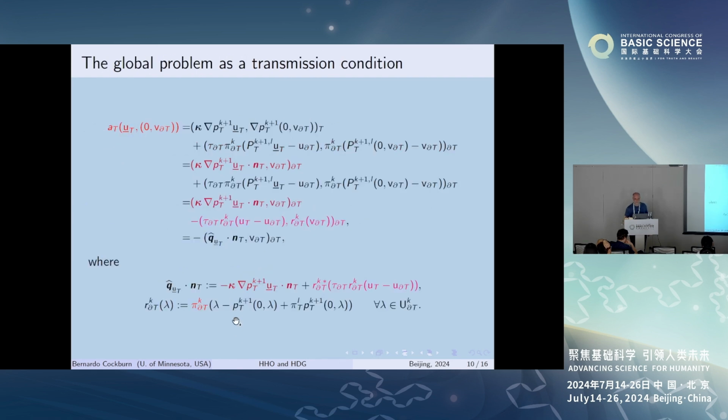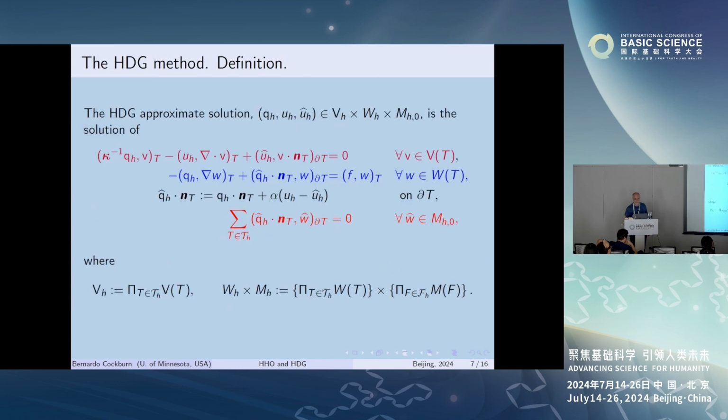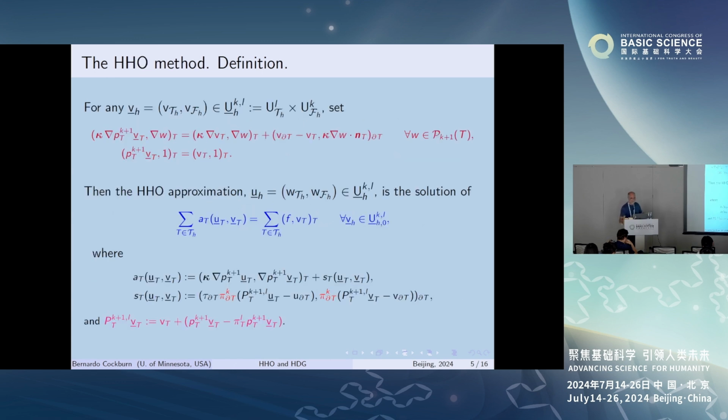So let me go back again. So you see here that I have something here and something there. Here the test functions are in V bar, and V bar is this in the interior and this in the border.